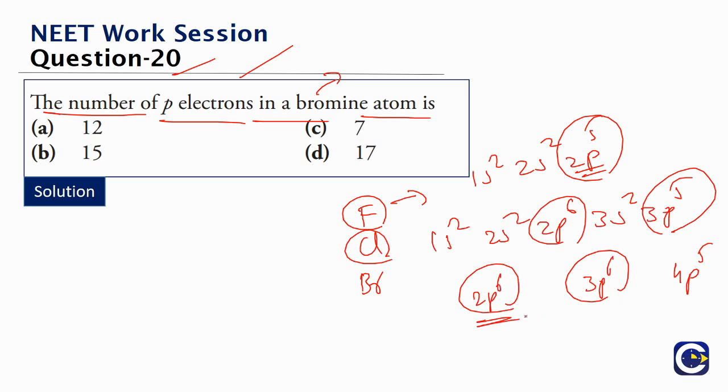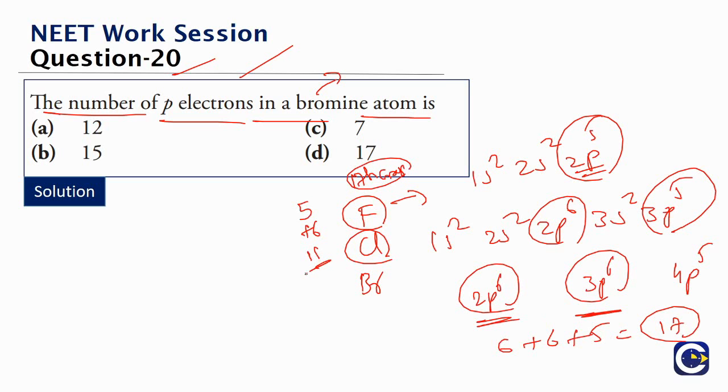So thereby, what is it? Here 6 plus 6 plus 5, totally what is it? 17. So in the 17th group, the first element will have how many p electrons? 5. Second element, 5 plus 6, what is it? 11. Third element, 11 plus 6, what is it? 17.